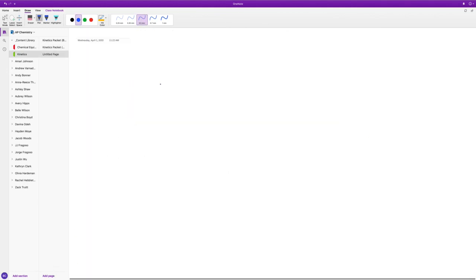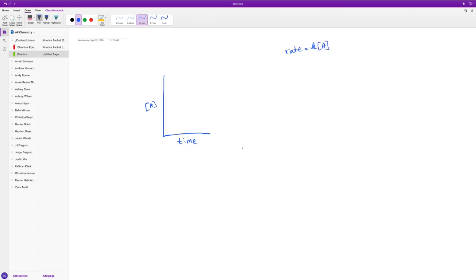Okay, so if you have some reaction and you're looking at the concentration of A over time, and let's say that the rate is a first order type of rate law, the data might look something like this. Okay?